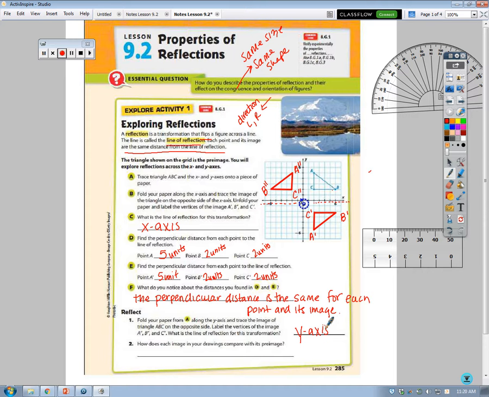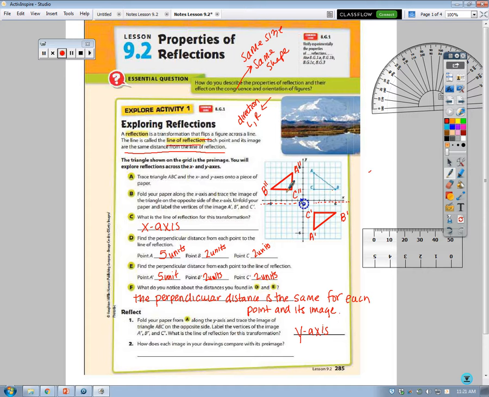So how does each image in your drawing compare with a pre-image? If we look at our original pre-image here, triangle ABC, our first transformation is a reflection across the x-axis. And our second transformation took triangle ABC and flipped it or reflected it across the y-axis.